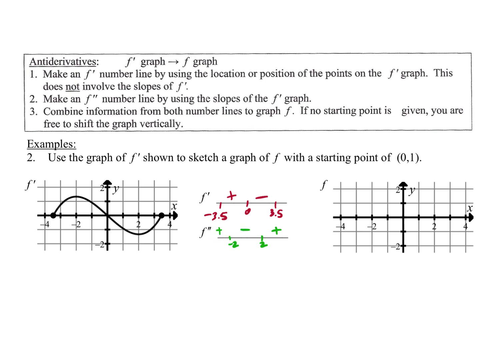I am going to put the 0 back in there for a minute. I think that's important to have at least the 0 in there. So here's what this is saying. In between -2 and 2, it's always going to be concave down. But it's not always going to be increasing. It's only increasing for part of it, and then it's decreasing for part of it, even though they're both concave down.